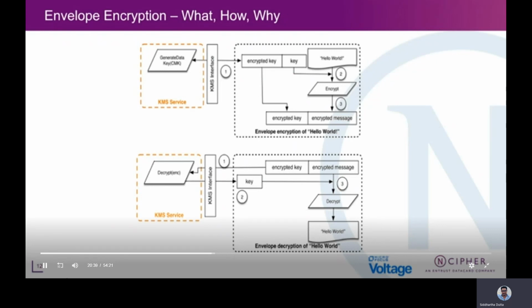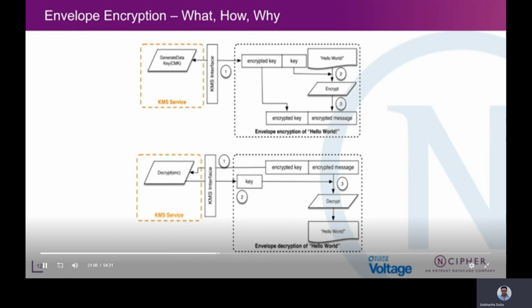Just quickly on envelope encryption, as I was saying, it is the practice of encrypting clear text data with a data key, then encrypting the data key with another key, and storing the encrypted data alongside the encrypted key. Typically for any decryption operation, you have to get that encrypted key decrypted out of a KMS or HSM, and then obtain the clear text key in order to decrypt the encrypted data.